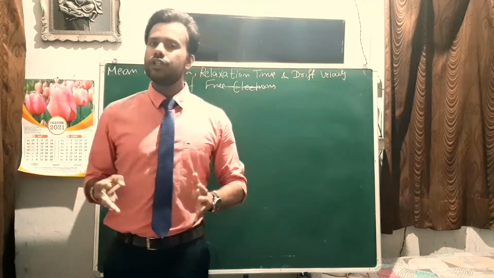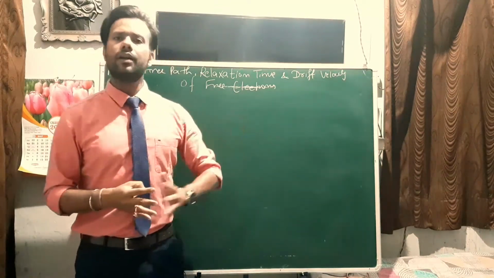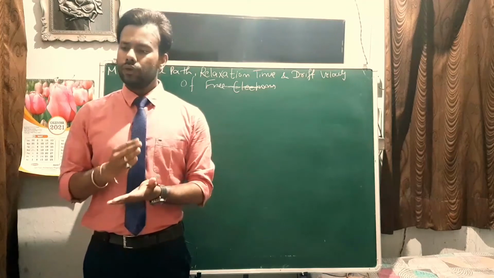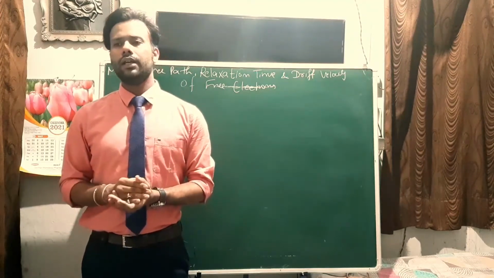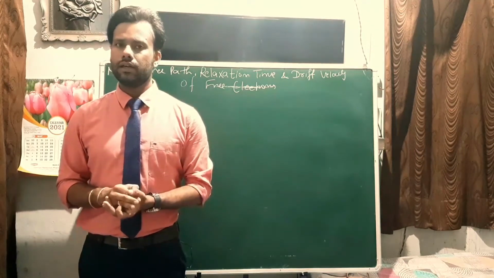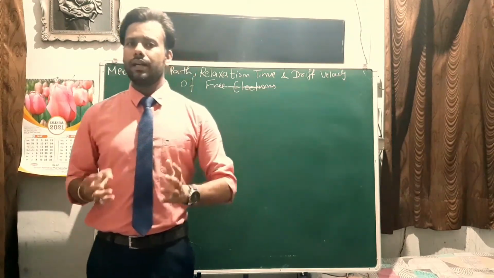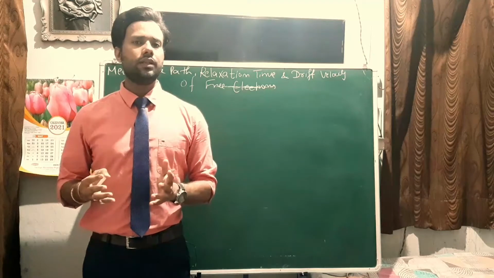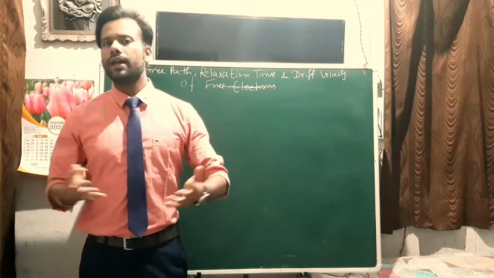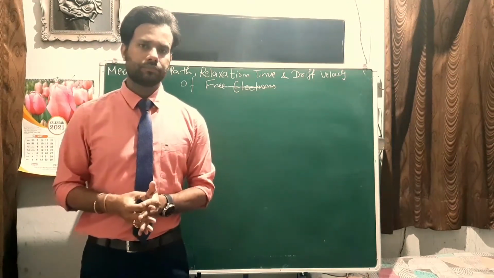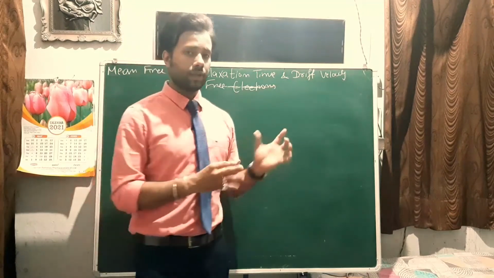There are so many questions that come from this fundamental. If you understand how the electrons move inside the conductor, this concept will also make you understand how resistance is offered by any material. So let's understand this topic.